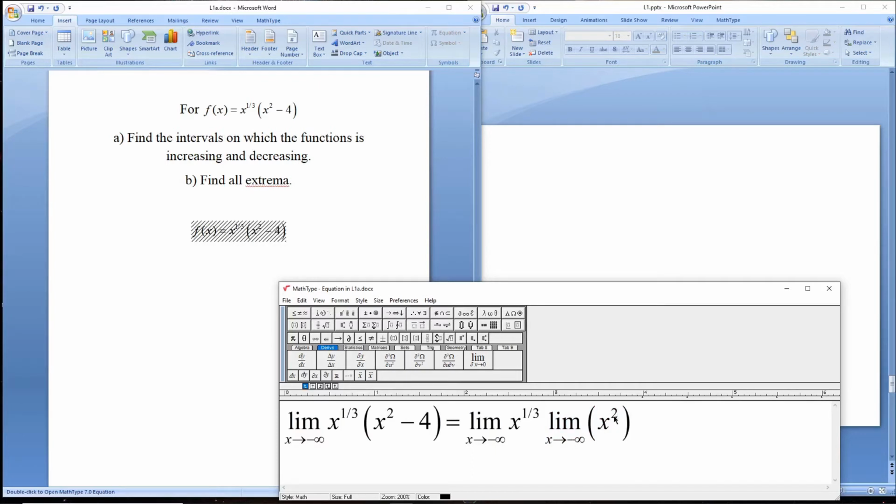And a negative squared is positive, so this here is going to infinity. Now I'm being a little bit loose with the math here by putting multiply by infinity, but I'm just trying to get across the idea. This x squared minus 4 is going to infinity.